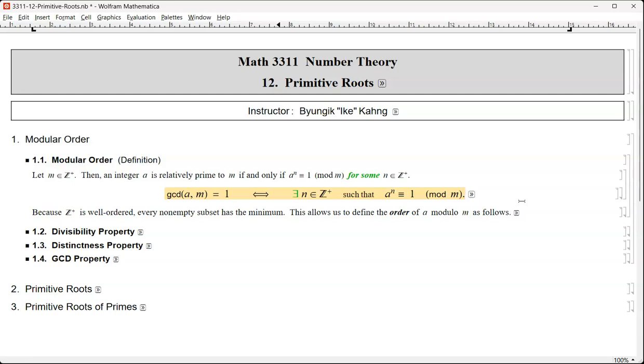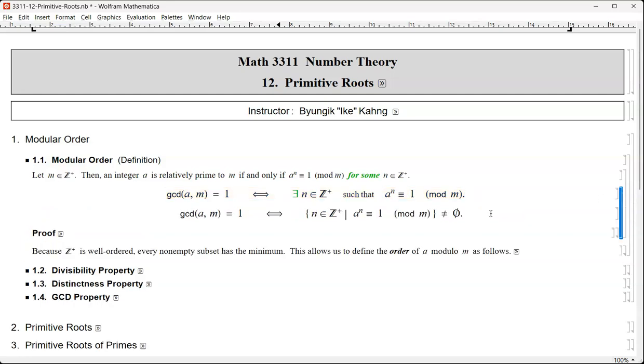Now let's go one step further. Instead of this existential quantifier expression, let's rewrite it as a non-empty set expression. In general, anytime we have an existential quantifier, we can rewrite it as a non-empty set expression. What do you mean by this? The set of all possible n values, or such n, is non-empty.